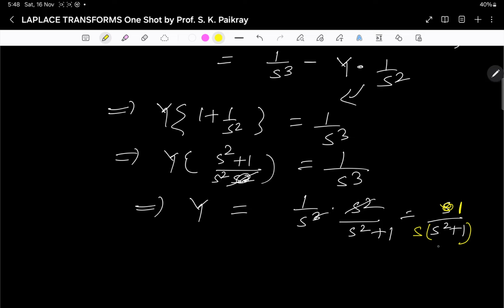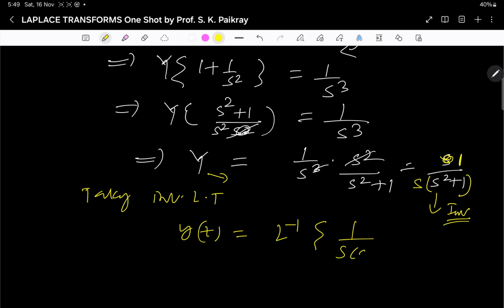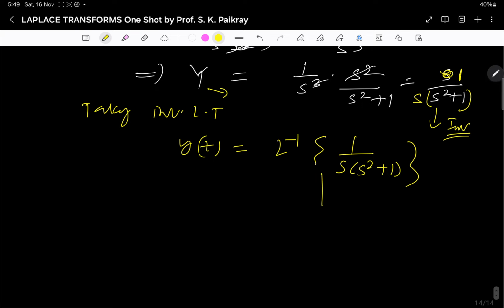Okay, now we need to apply the inverse Laplace transform. I have already told you the several approaches. So how to find this? Taking inverse Laplace transforms, y(t) will be L inverse of 1 by s into s square plus 1. You know the different approaches to find this. If I apply the partial fraction here, then it will be L inverse of A by s plus (Bs plus C) by s square plus 1.